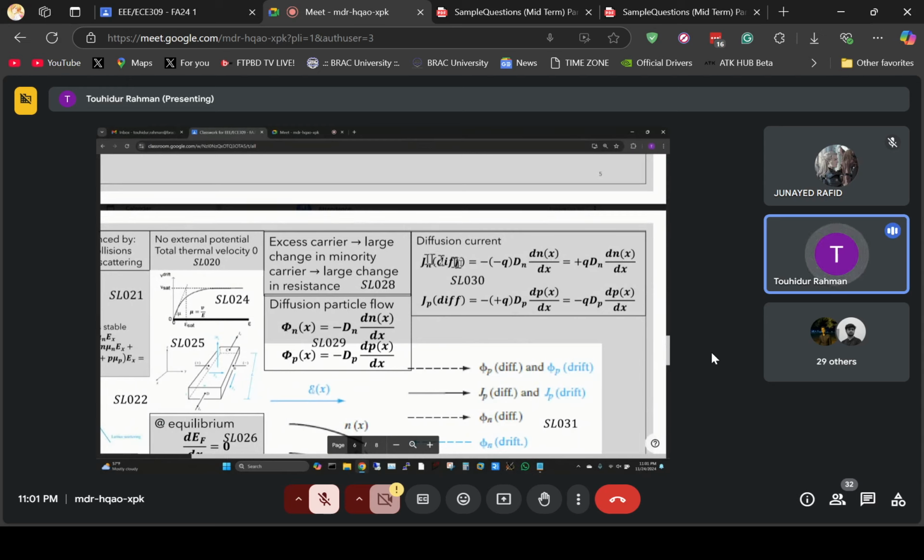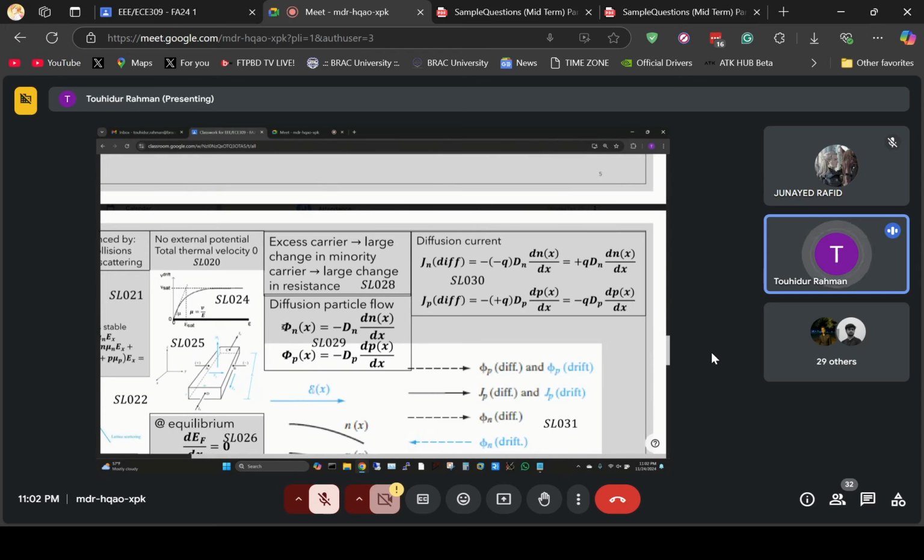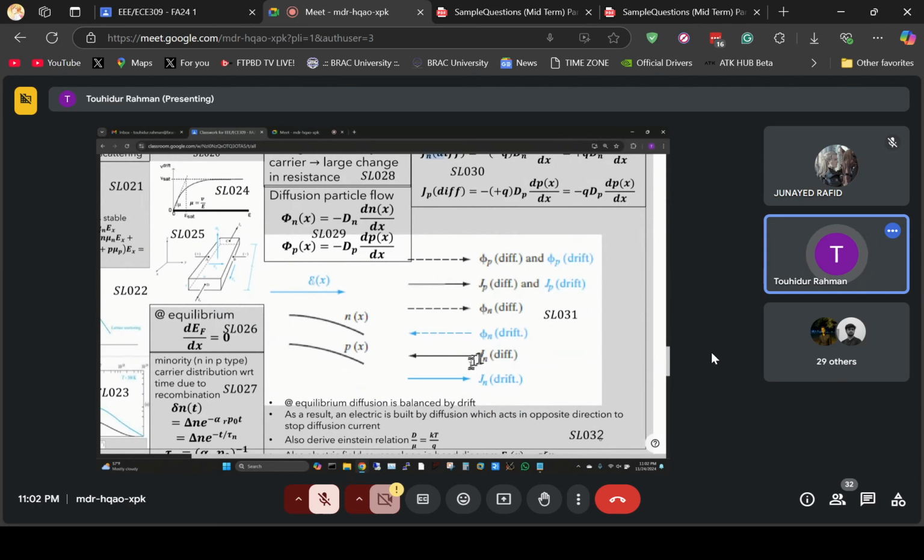But for current flow, it is plus. Because of minus and minus, it will become plus, which means the electron current flows in the opposite direction of particle flow. So we have it here also. The electron current will flow in the opposite direction of electron flow.